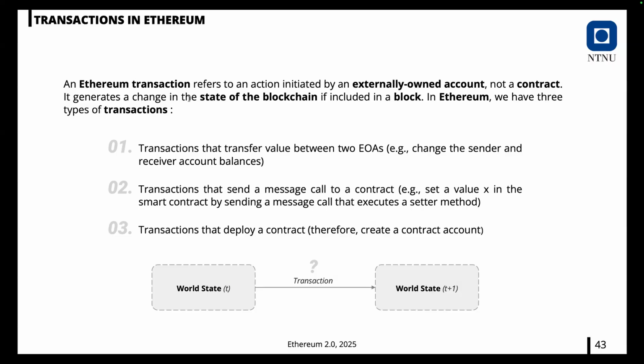But this contract calls this contract, and this contract calls other things, and this contract calls this contract, and this contract calls other things. So there is a chain, and we don't call this action a transaction. We call it a call, and the calls happen in the context of this transaction.